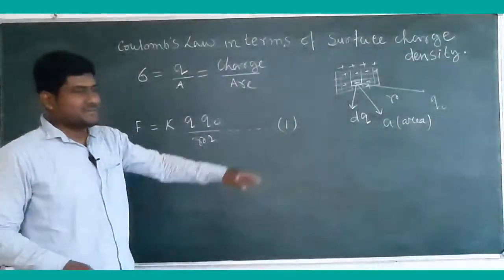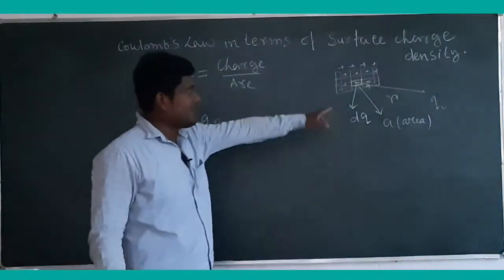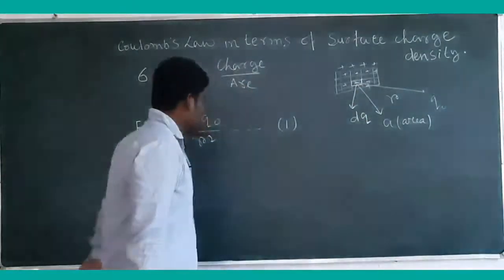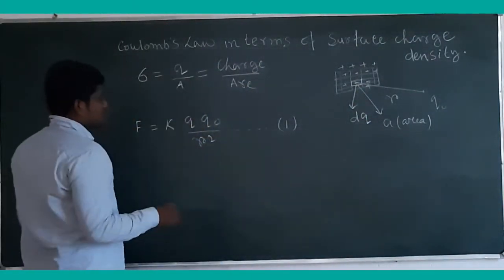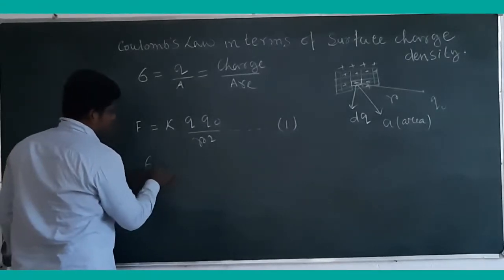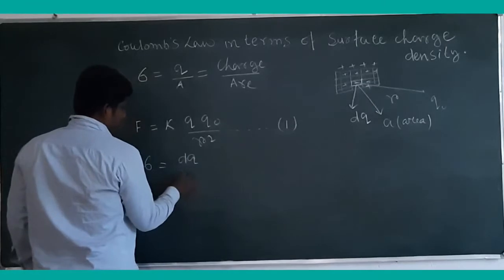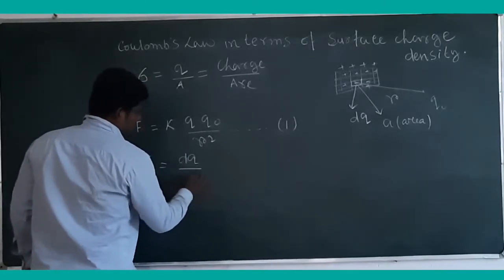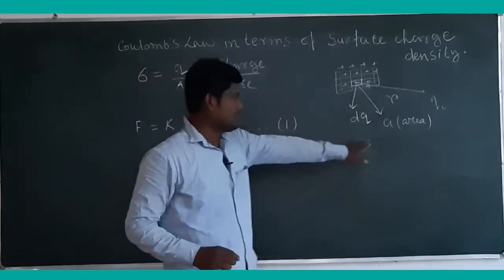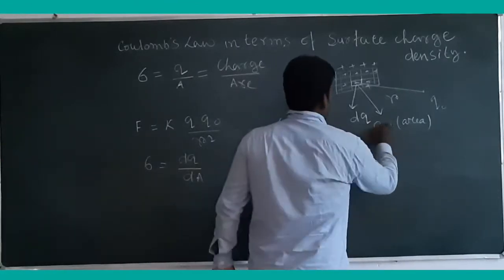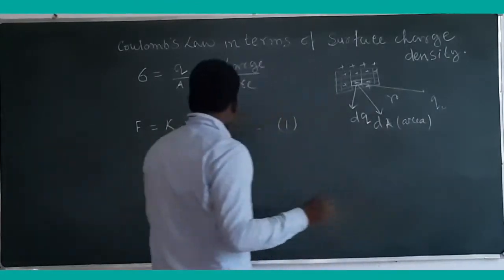For that particular rectangular cell, you can write the charge density sigma as dq by dA. Consider this as dA, not small a.